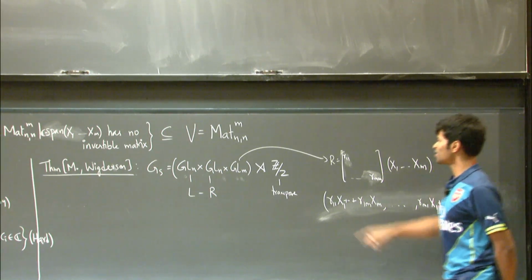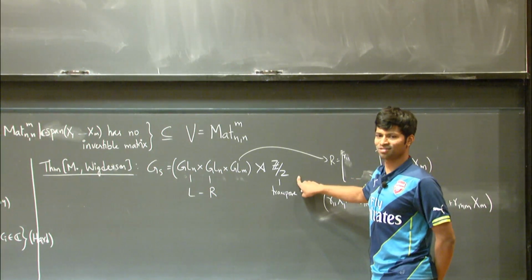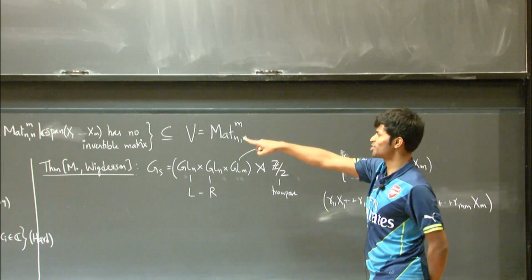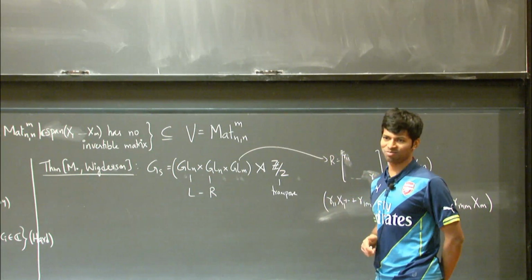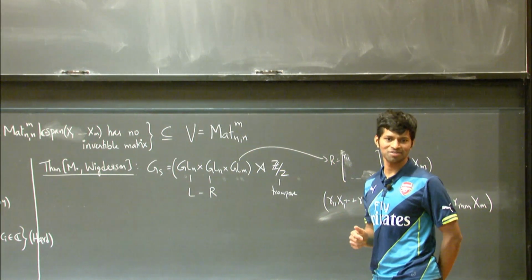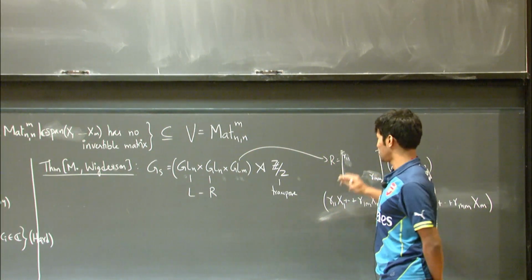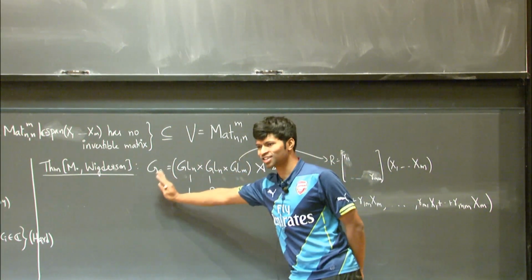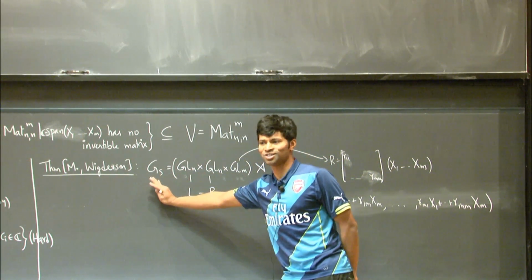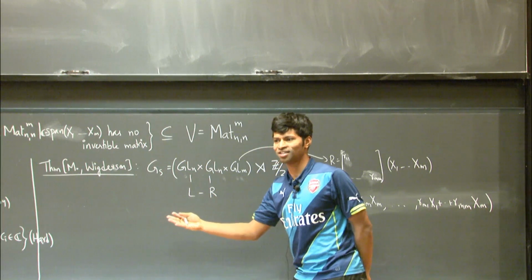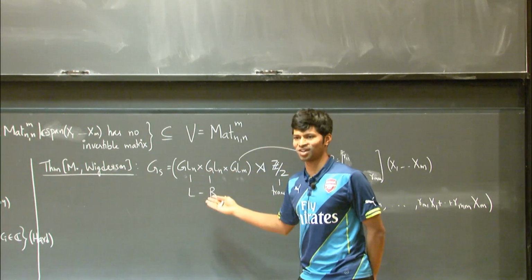Cool. And then the Z mod 2 is transpose. If you take every matrix in there and transpose it, it won't change whether the linear combination is an invertible matrix or not. Okay? It's easy to see that all of this is inside the group of symmetries. It's almost always easy to see that certain things will preserve a subset. The hard part is to show that nothing else will.